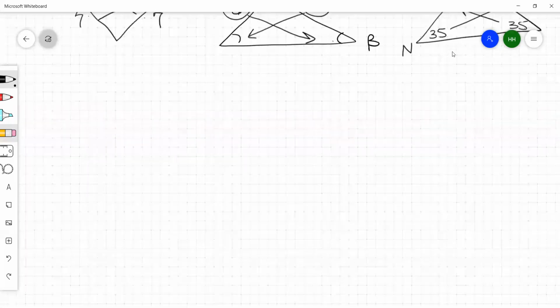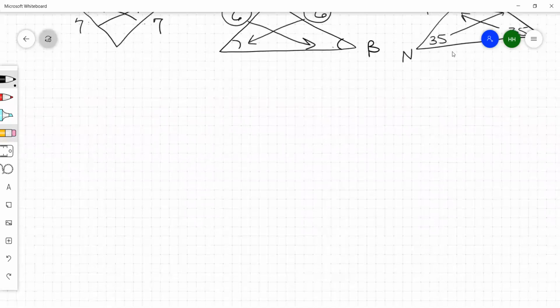So let's write this one down and let's do this problem right here. No, not yet. I'm sorry. Erase that.